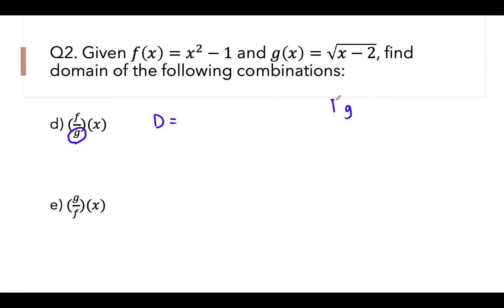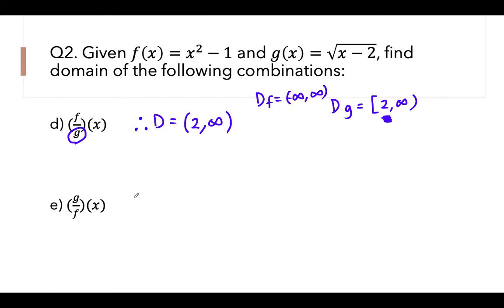The domain of g was [2, infinity), and function f was -infinity to infinity. But g is in the denominator, so we don't want g to be equal to 0. If x is 2, 2 minus 2 is going to be 0. So it's going to be an open circle at 2, (2, infinity). That will be my domain for the quotient.